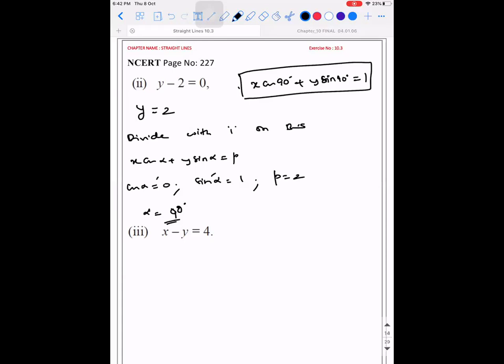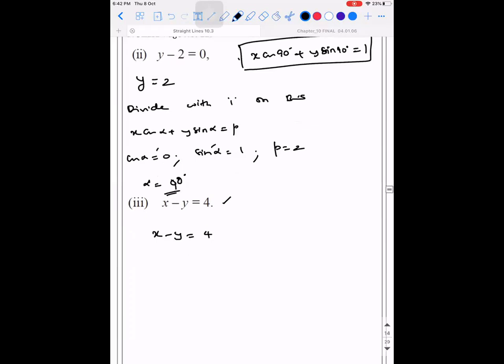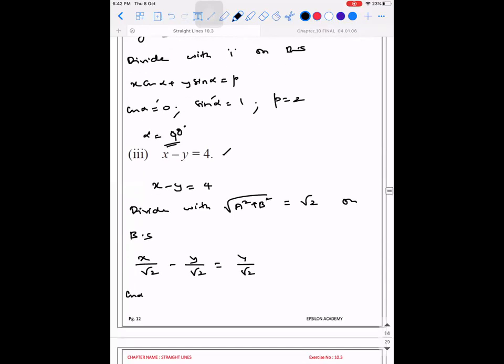Okay. Similarly, x minus y is equal to 4. Divide with root of a square plus b square, that will be root 2 on both sides. It will be x by root 2 minus y by root 2 is equal to 4 by root 2. So cos alpha is 1 by root 2, sin alpha is 1 by root 2, and p is 4 by root 2. Actually, I'm sorry, sin alpha is minus 1 by root 2. So which quadrant does it belong to?